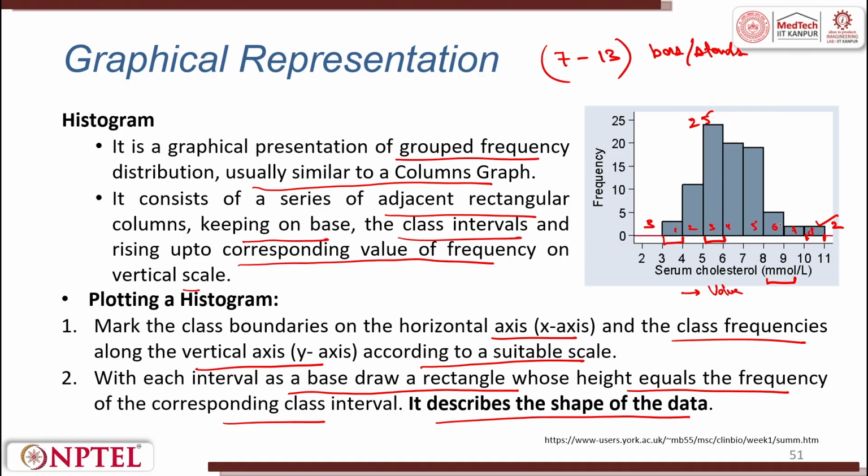It is visible. If I get 100 bars like this, it doesn't make much sense. It is better to combine them and get about a maximum of 13 bars, so that it is visually appealing. The purpose is graphical representation, which should visually give the shape or the behavior of the data.